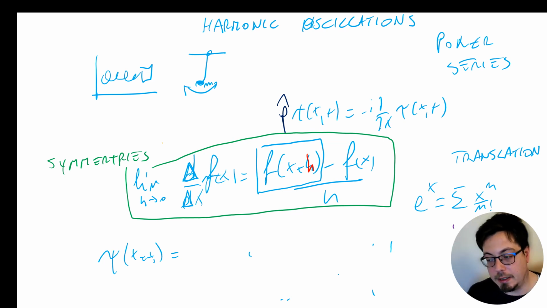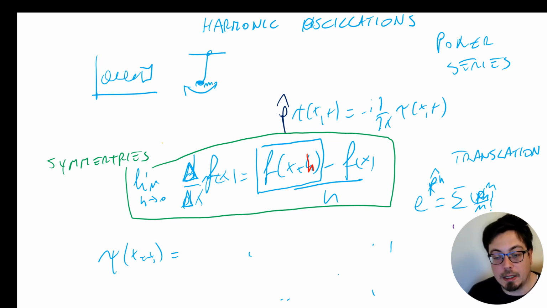Now, if we replace x with the operator p, and h is the small distance that we travel, we put p h here, and we get this expression.